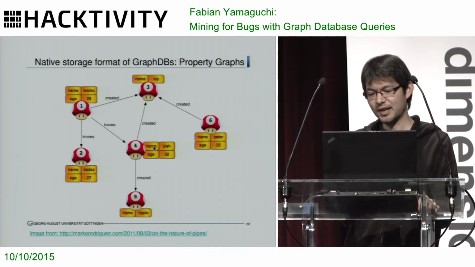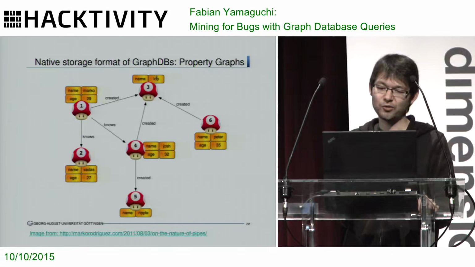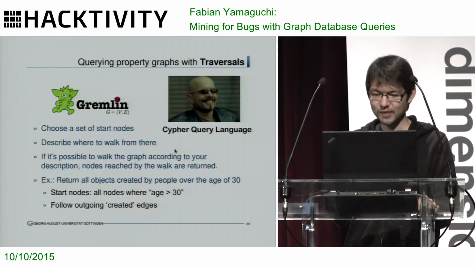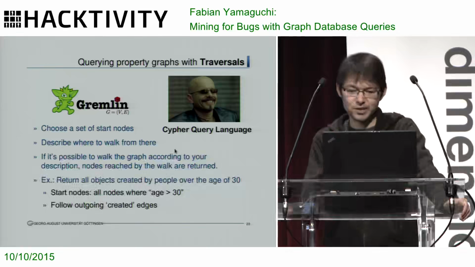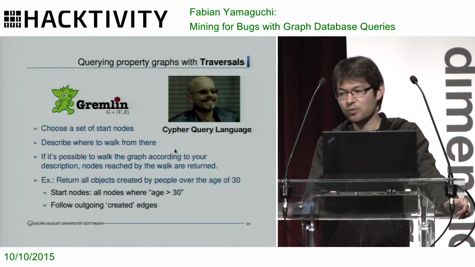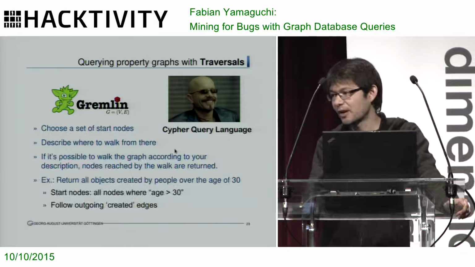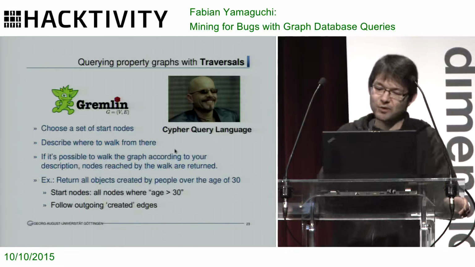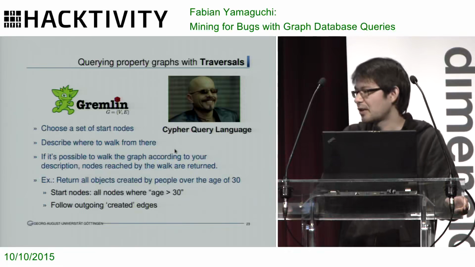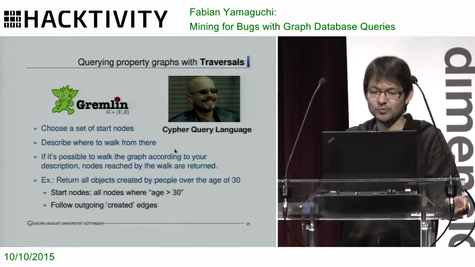Here you have a name and an age attached to each of the nodes, and you have different kinds of edges, so created and knows. And with this graph at hand, the nice thing about the graph database is you already have languages to query this. And there are two very popular languages. Well, actually, there are a lot more, but Neo4j, the most popular graph database, gives you two. One of them is the Cypher query language, which is not so well suited for what we want to do, and the other is Gremlin.